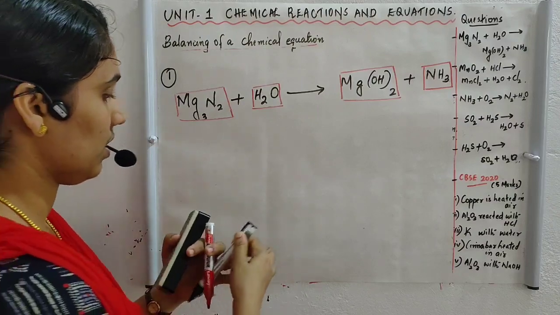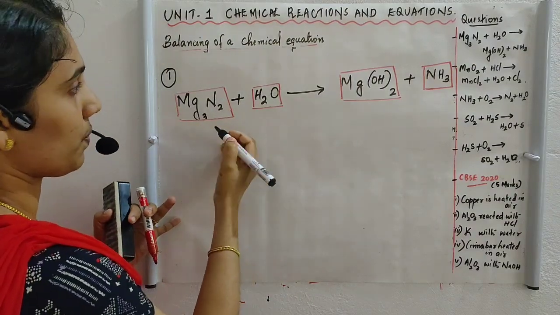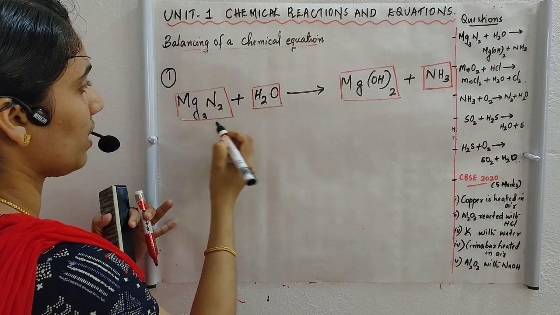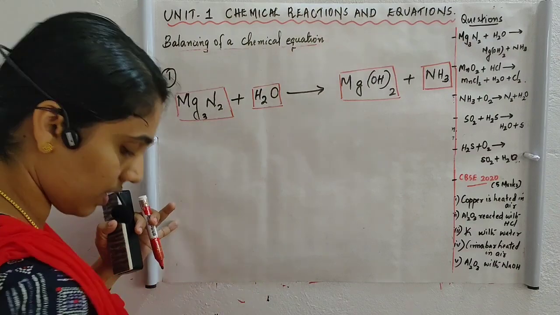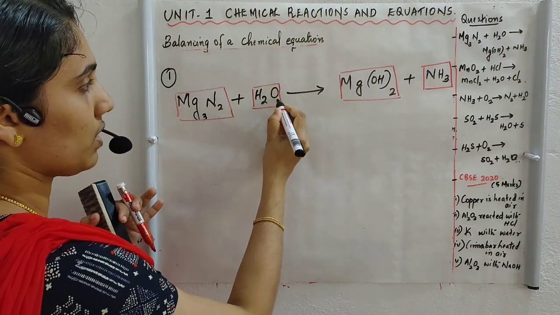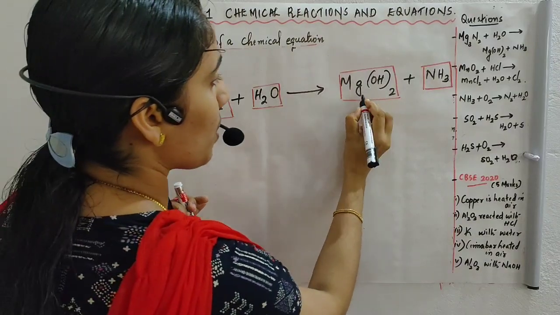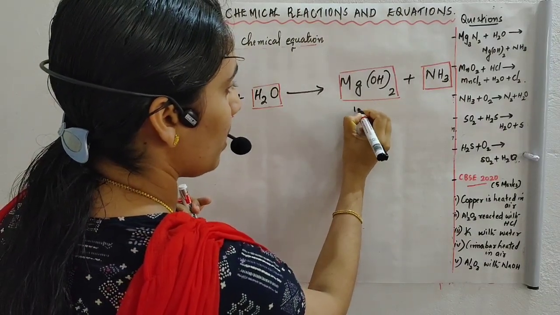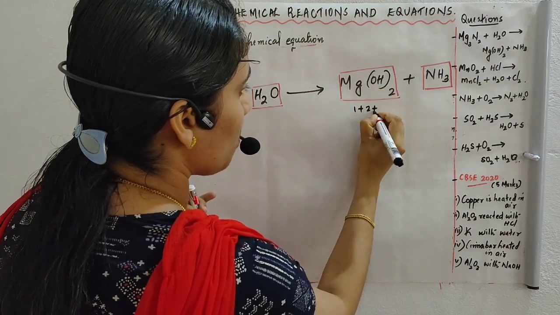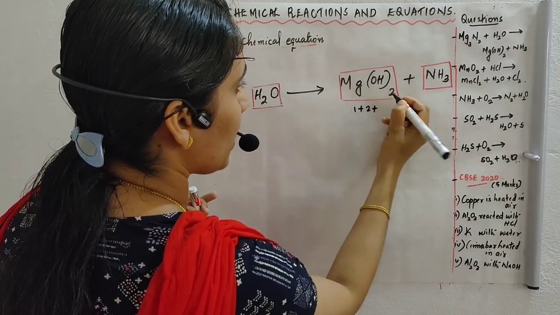So in this equation, which is the biggest formula? Here it is 3 plus 2, 5 atoms in total. Here it is 2 plus 1, 3. Here the total number of atoms: magnesium 1 plus oxygen 1 into 2, 2, plus hydrogen 1 into 2.